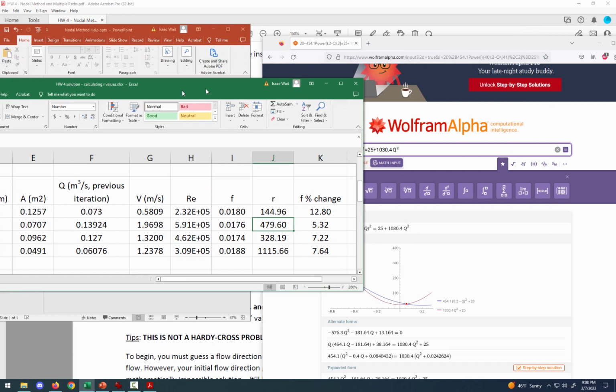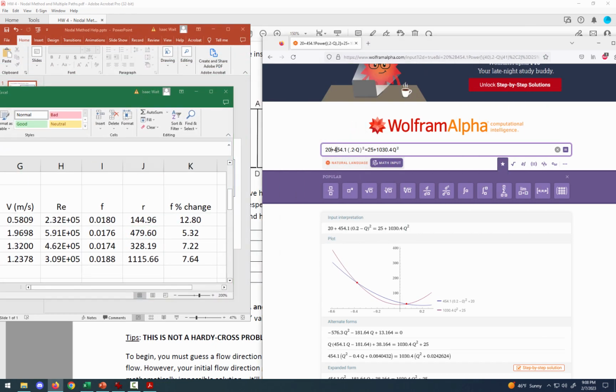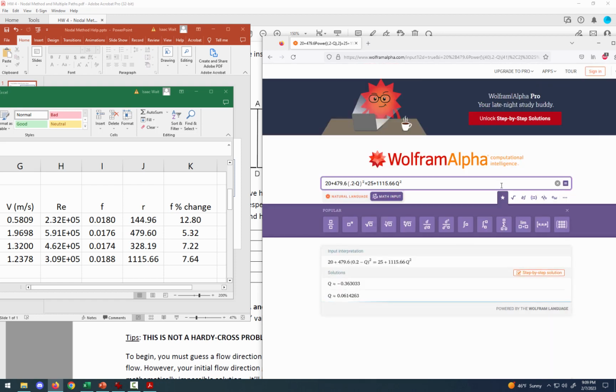This just shows how I still have this in Wolfram Alpha. I'm just changing the R value to 479.6, and the R value from 1030 is now 1115.66.